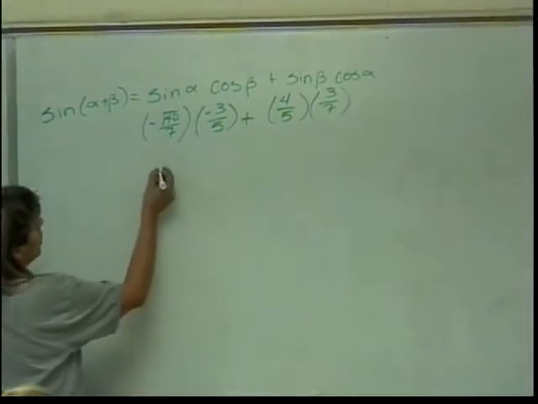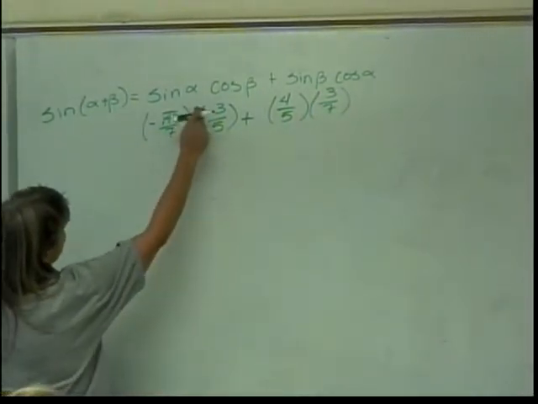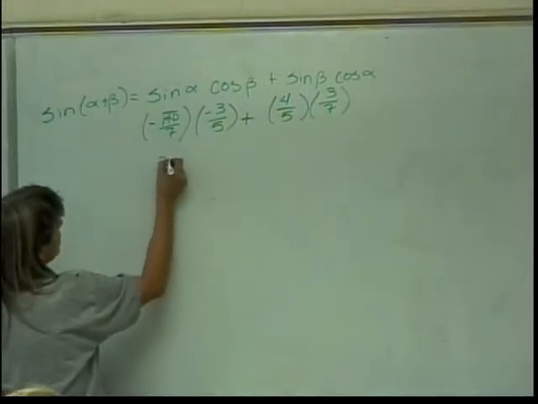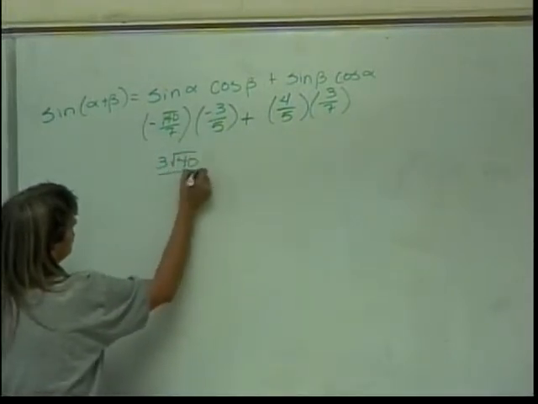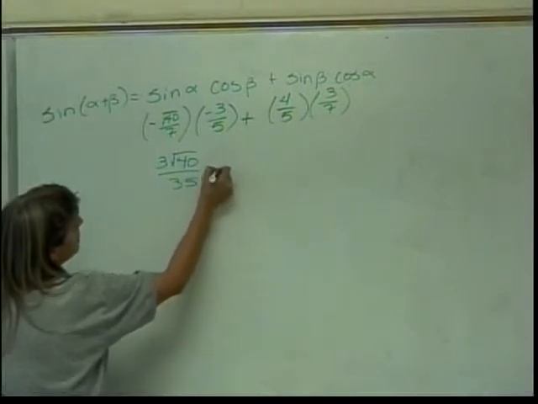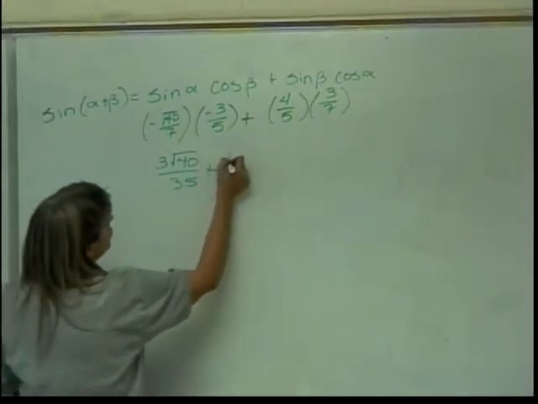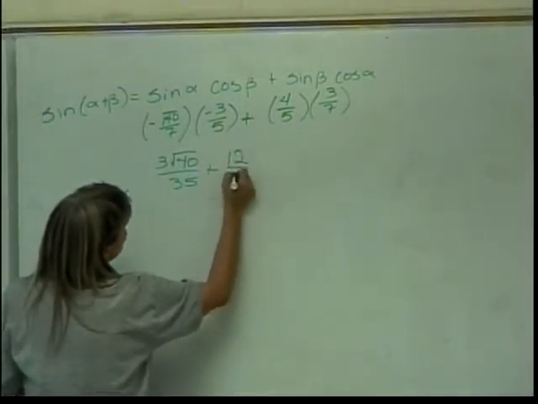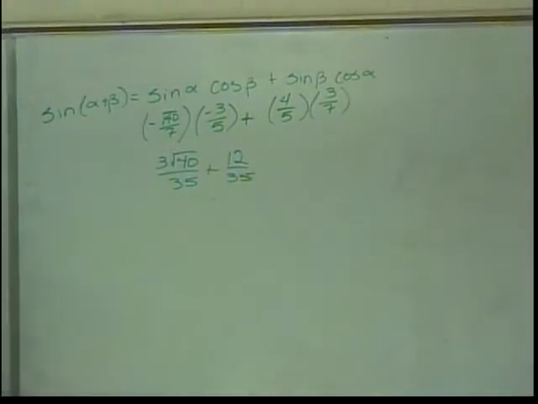So I end up with negative square root of 40 times negative 3, which is 3 times the square root of 40 over 35, plus 12 over 35 as my answer. And you can just type that into WebWork.